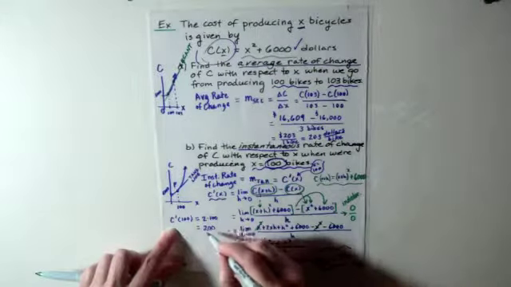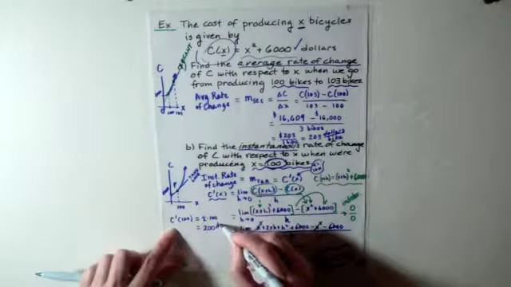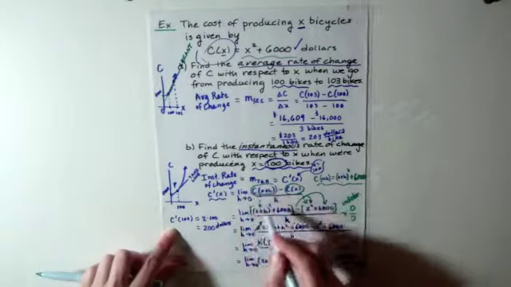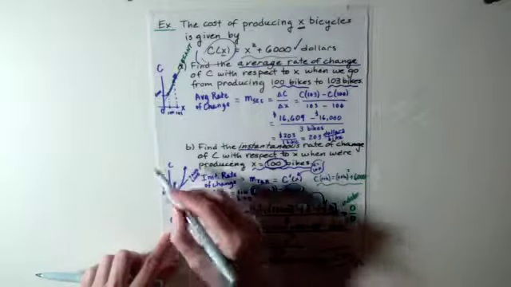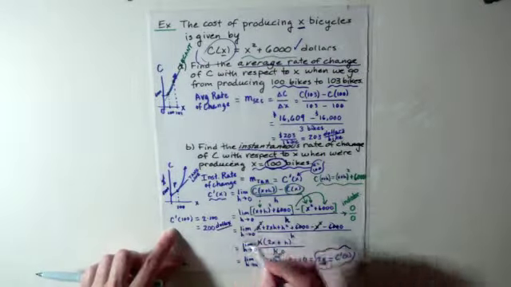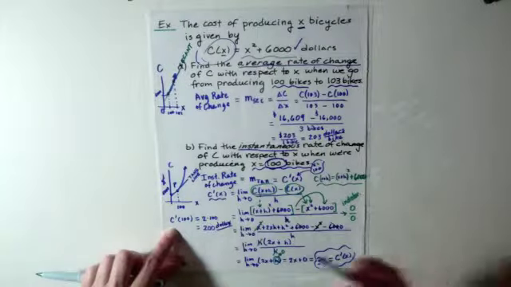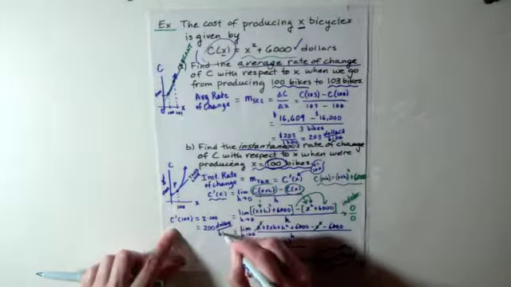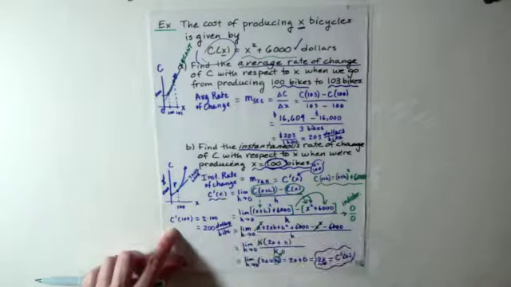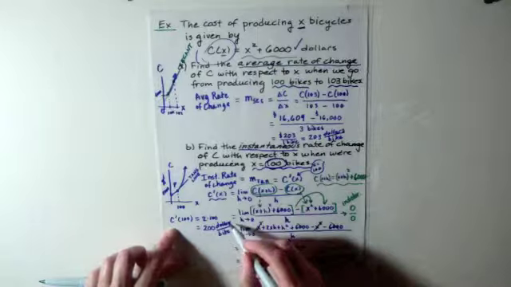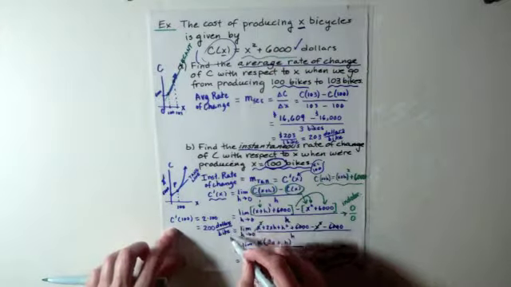So what we're saying is that it's $200. It's really whatever the output units are, and the output units are in dollars, divided by whatever the input variable is, and the input is the number of bicycles, so it's $200 per bike. Output unit over the input unit.